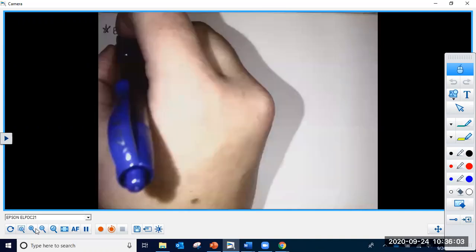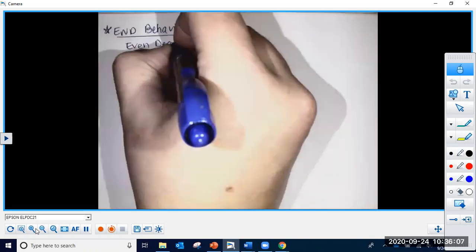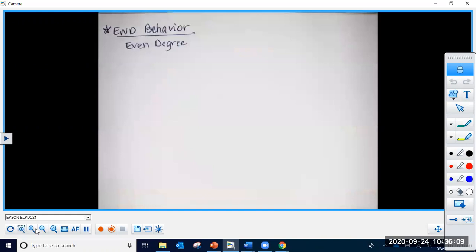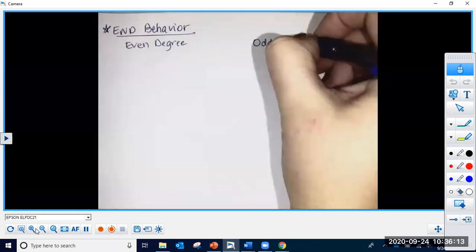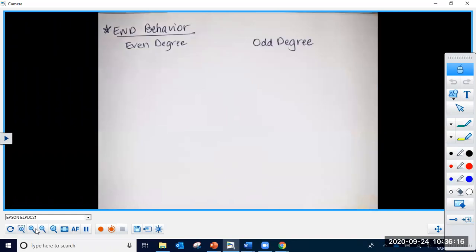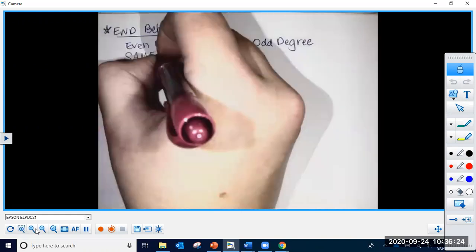What you need to know is that even degree polynomials have the same end behavior.